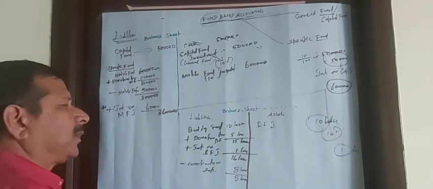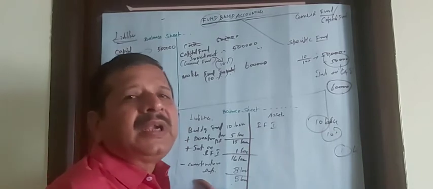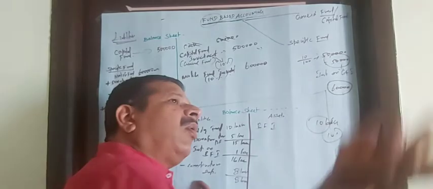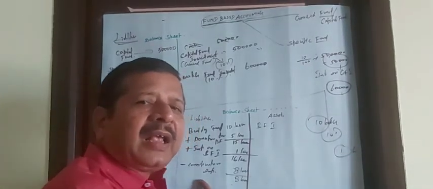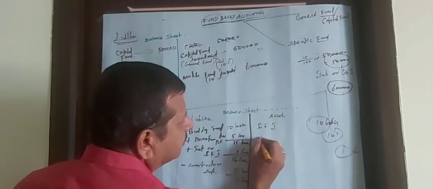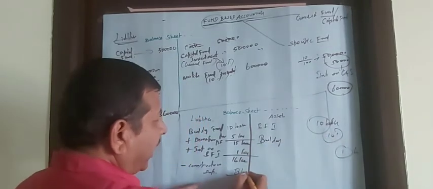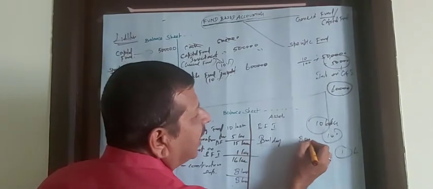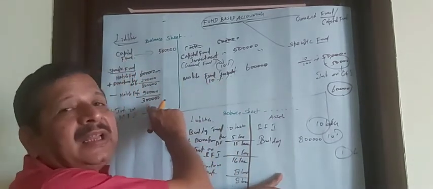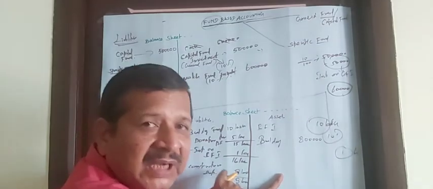In the case of a building, when you are constructing a building, that money is not going out, that money has been transformed into another asset called building. The building will come on the asset side. This 8 lakhs will again appear on the asset side. This was not happening in the case of the match fund. Only this is happening in the case of the building fund.